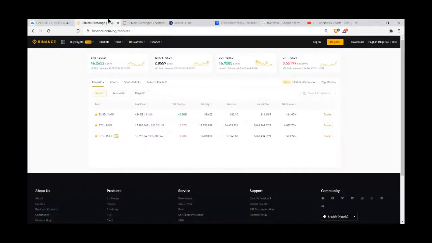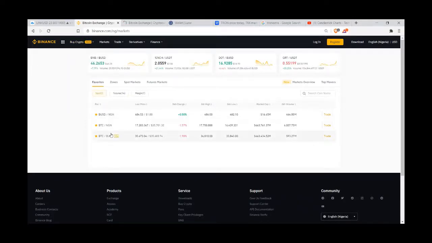When you go to markets, you can click those 2. Look for fiat, then look for BTC USD or BTC BUSD. Look for BUSD naira and put them on favorites.